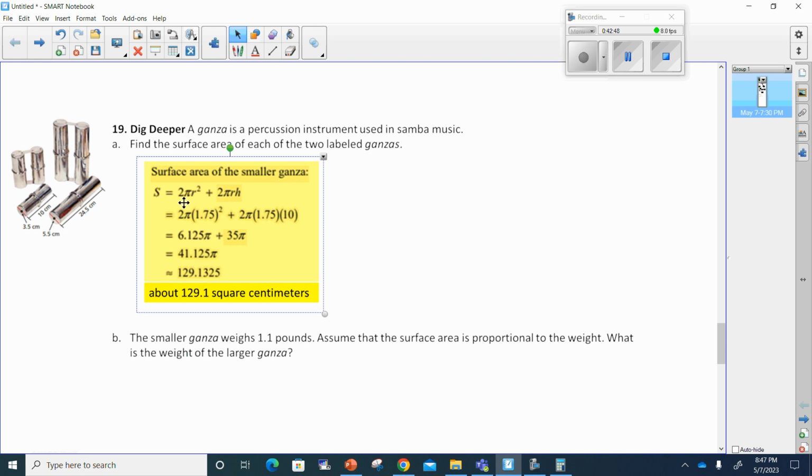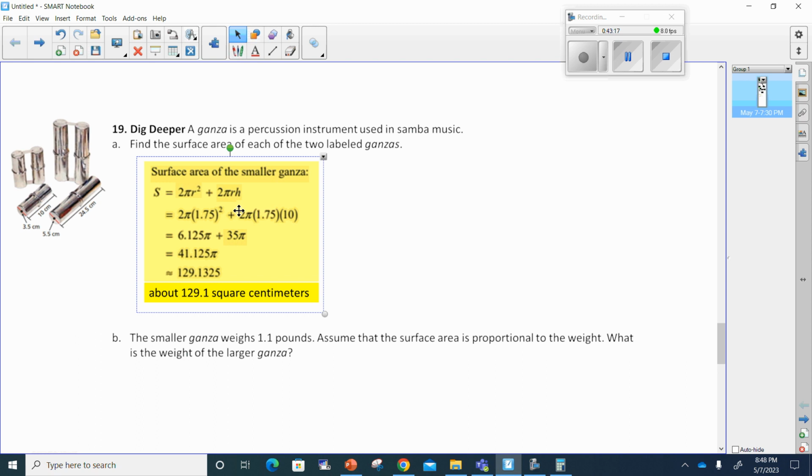So what they did here is they took the formula, 2 times pi r squared, because we've got 2 circles that we're doing, right? And then the radius was 1.75. When they squared 1.75 and multiplied that by 2, it gives you 6.125 times pi.